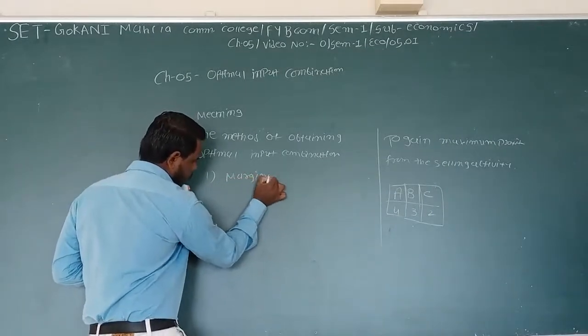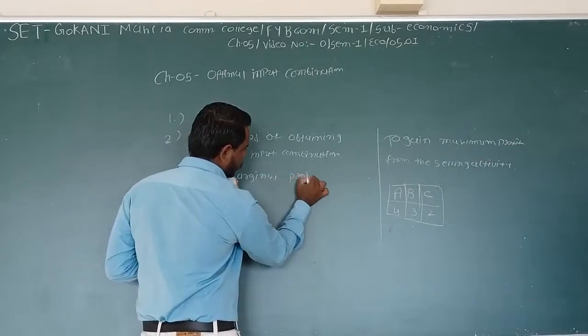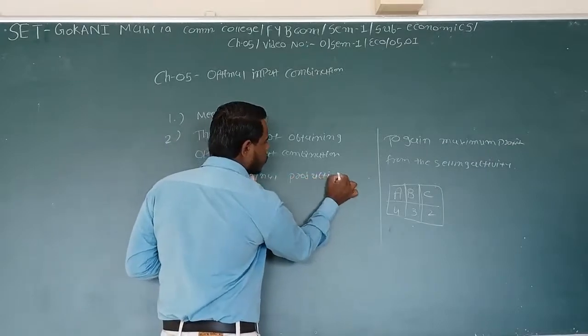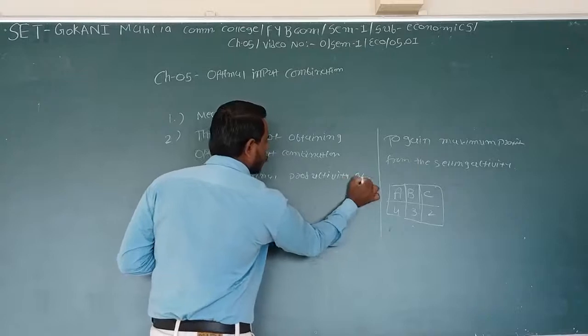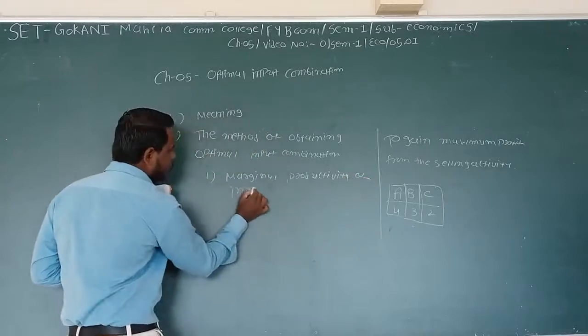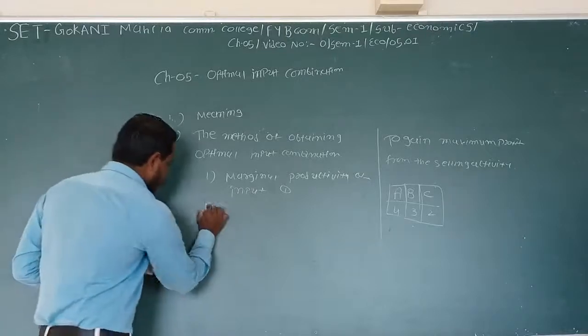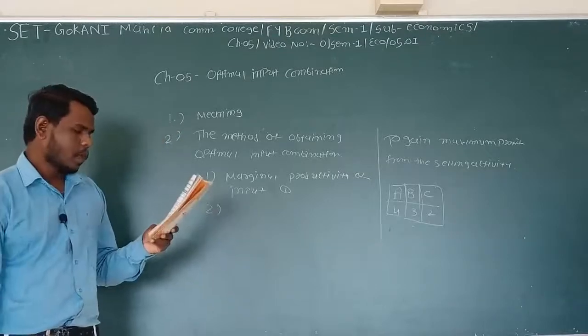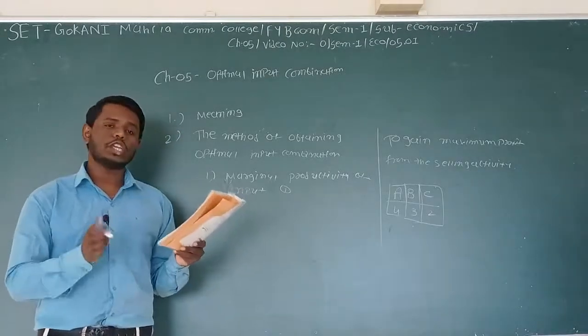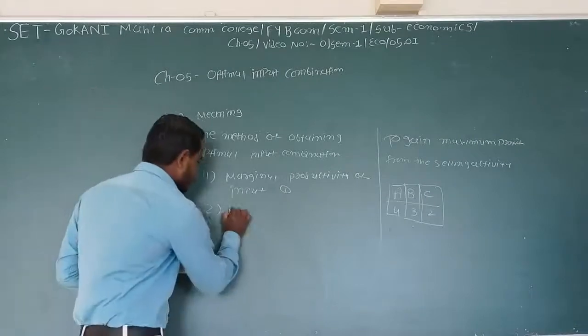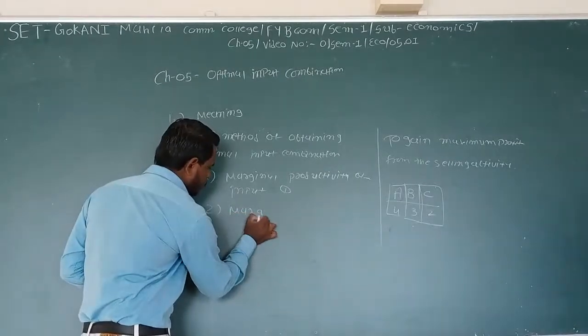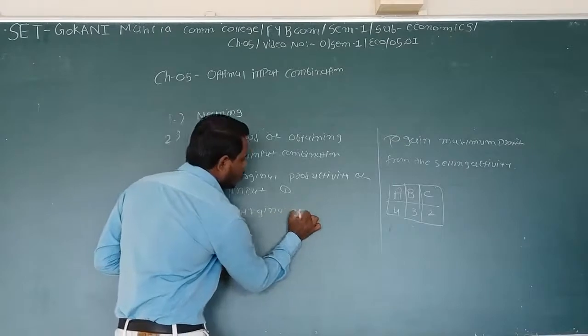marginal productivity of input. This is the first condition, and the second condition is marginal utility of money.